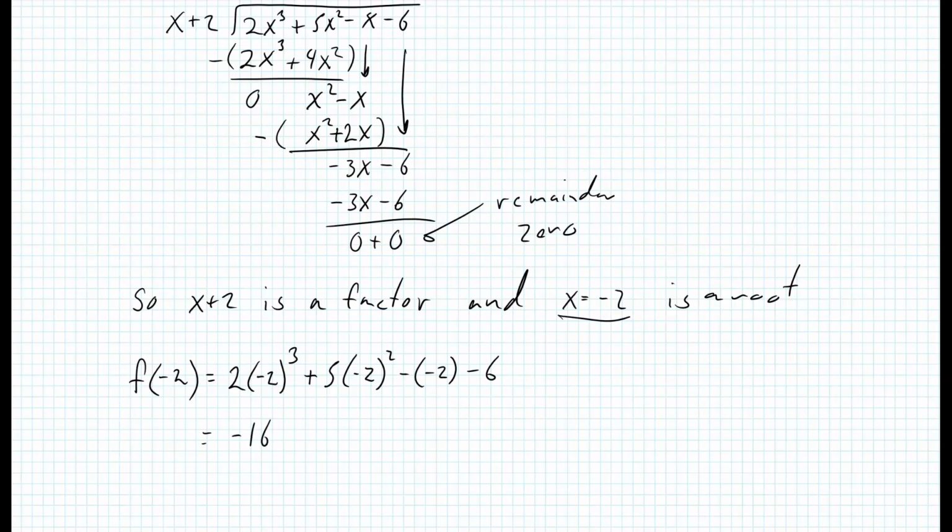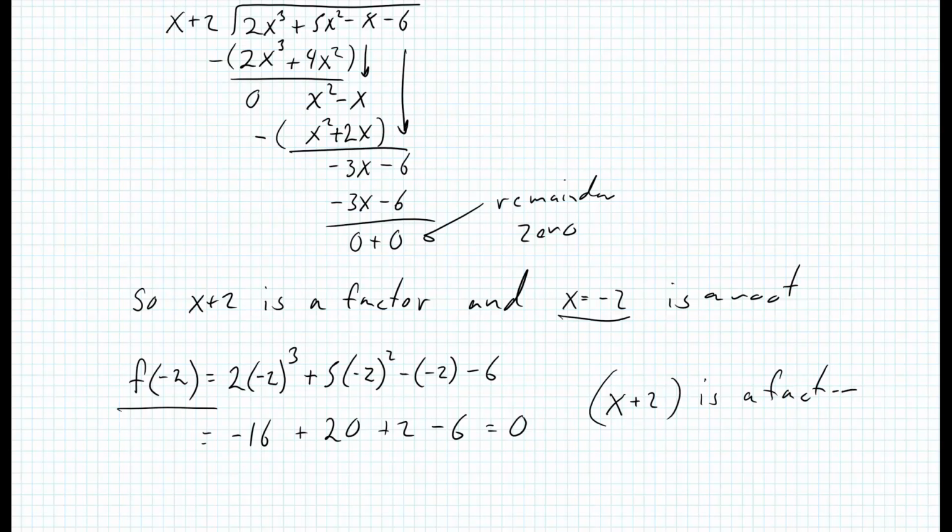This comes out to be minus 16 plus 20 plus 2 minus 6, which is plus 22 minus 22, 0. So f of minus 2 is 0, which means x plus 2 is a factor.